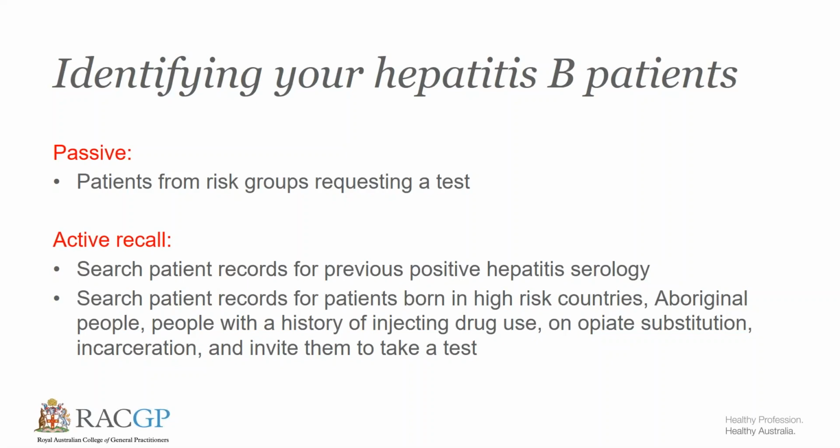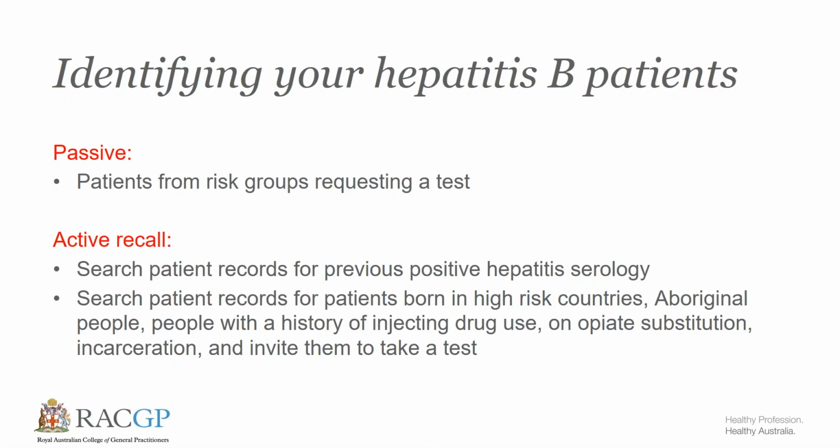Yes, absolutely. It's a really important question. We'll have some people come in and we recognize that they may be in one of those risk groups, but not particularly requesting a test, and we can raise this with them. Many of those risk groups can be a little bit difficult because they're not easily coded in our medical record. So some of it may depend on our tacit knowledge of our patients, about their country of birth, or about their history and who they're living with, and whether they've ever used intravenous drugs.